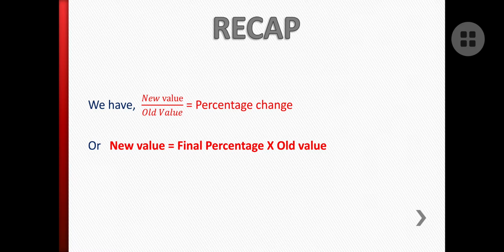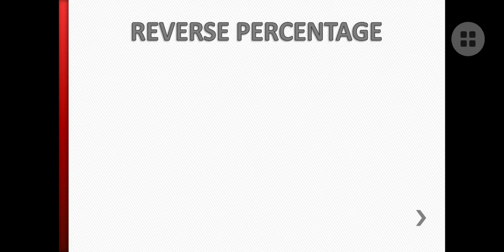Now we'll see what this reverse is. From the word itself you will understand, in the previous topic it was new value, so here it will be old value. That is the meaning of reverse. It's the reverse of percentage change. I will explain it with an example.